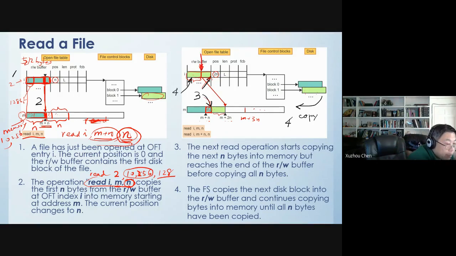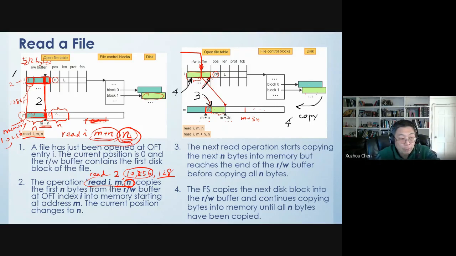It basically tells you the current location in an open file. When you read, you start reading from here, because everything before has already been read and is already in memory, so you don't have to copy it into memory again. That's important. So that's the file system. You basically keep copying the blocks from the actual disk block into the OFT, the open file table, and then from the OFT to the memory.